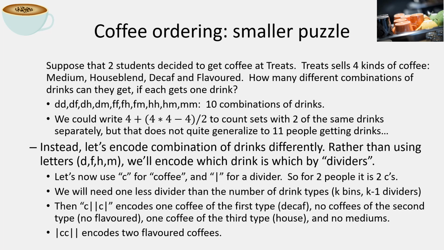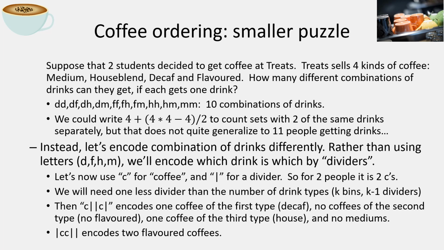So here's an example. If I'm writing a string C, divider, divider, C, divider, that means 1 coffee of the first type, let's say decaf, no coffees of the second type, 1 coffee of the third type, and no coffees of the last type.